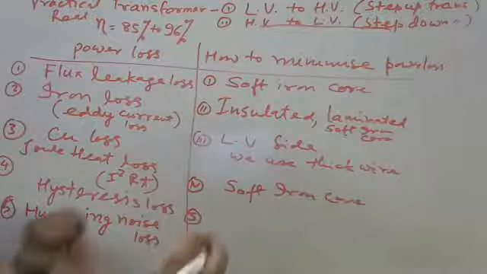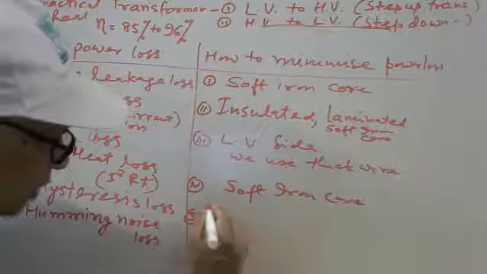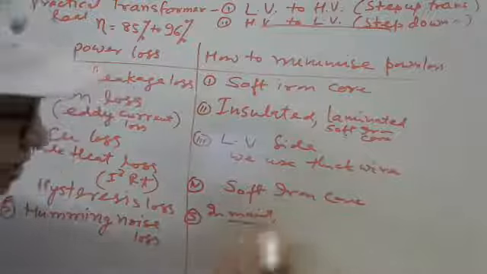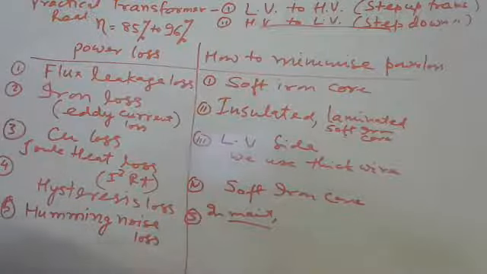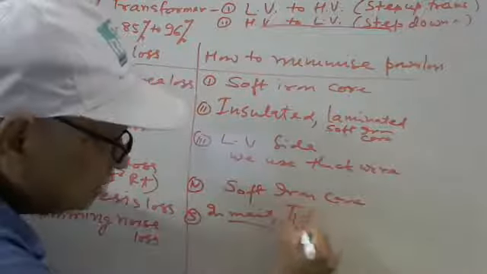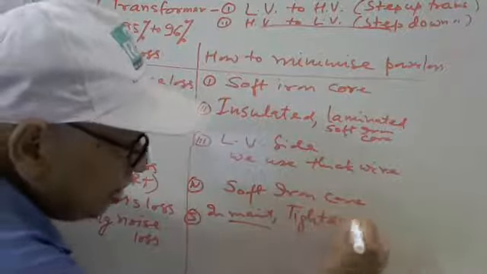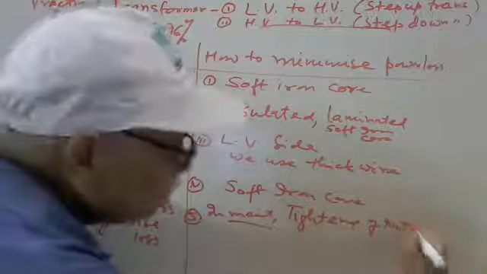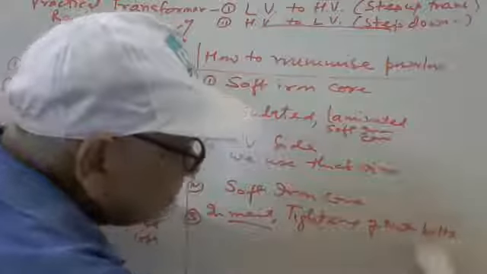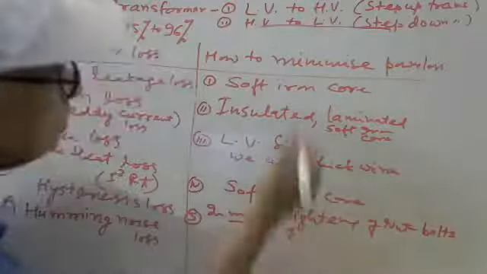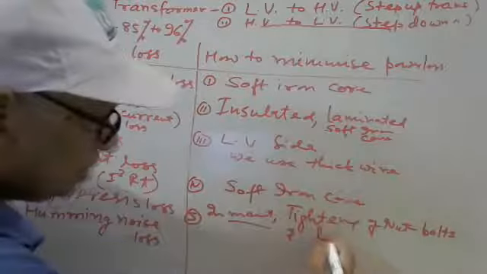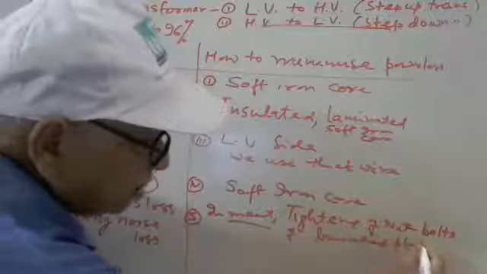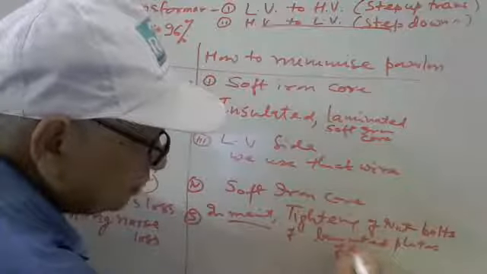So we should tighten the nuts and bolts. Simply, during maintenance, we should tighten the nuts and bolts of these laminated plates of soft iron.